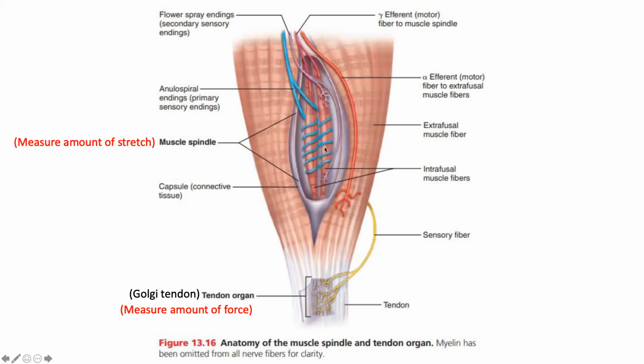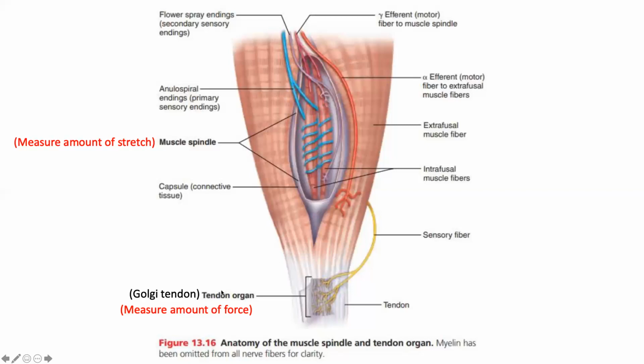These intrafusal muscle fibers are encircled, wrapped around with nerve endings, and those nerve endings are sensory nerve endings, which travel along as the sensory neuron. These muscle spindles act on the length of the muscle, so they measure the amount of stretch.